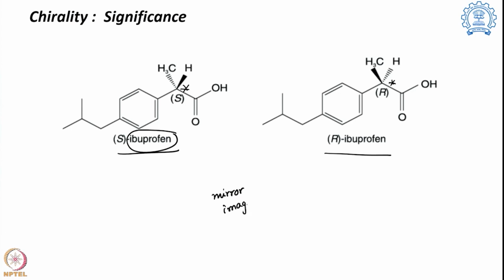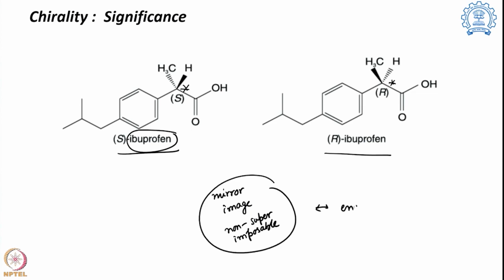So, the mirror images which are non-superimposable are known as enantiomers, and these 2 enantiomers, although their physical properties are very similar, can be different in a chiral environment.